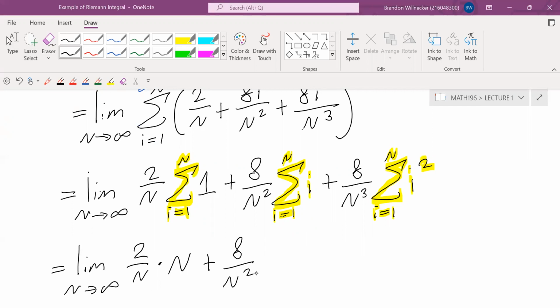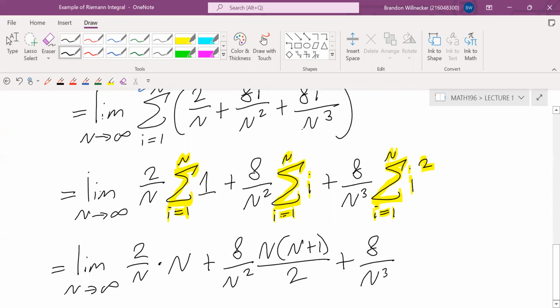There's a nice formula for that. That's going to be n times n plus 1 over 2, plus 8 over n cubed. Okay. And then the sum of r squared. So that's 1 squared plus 2 squared plus 3 squared, all the way up to n squared. There's a nice formula for that. And that's going to be n times n plus 1 times 2n plus 1, all over 6.